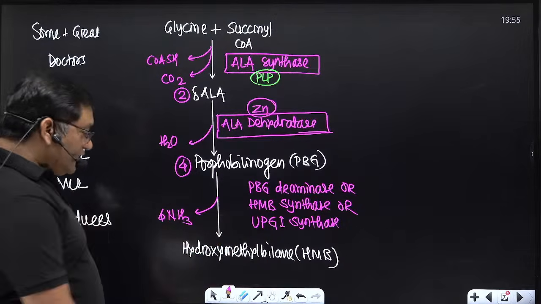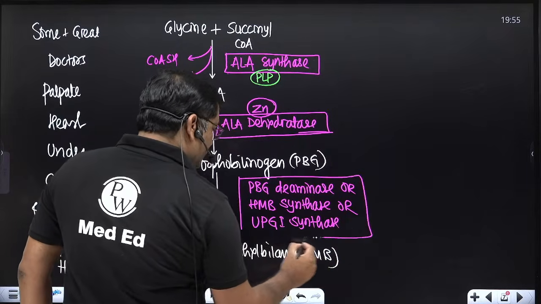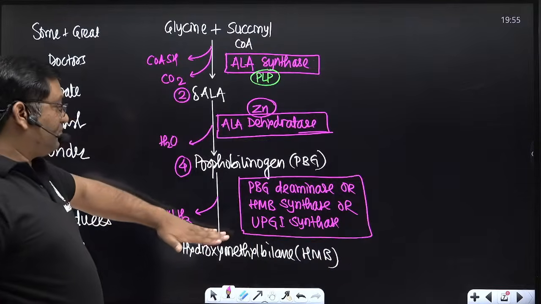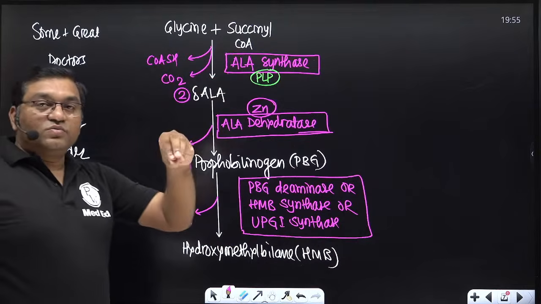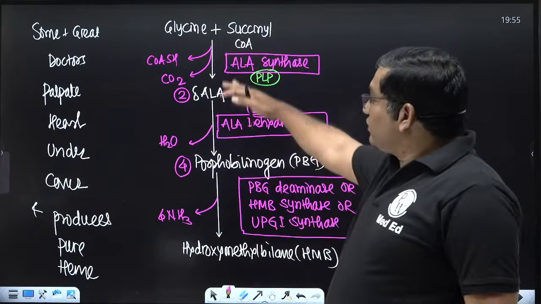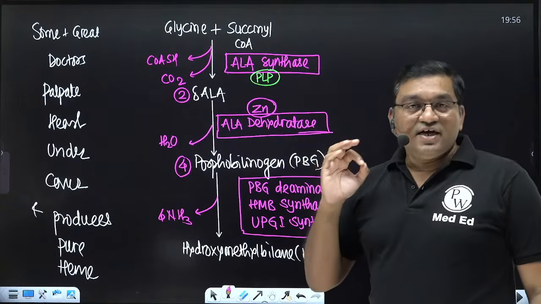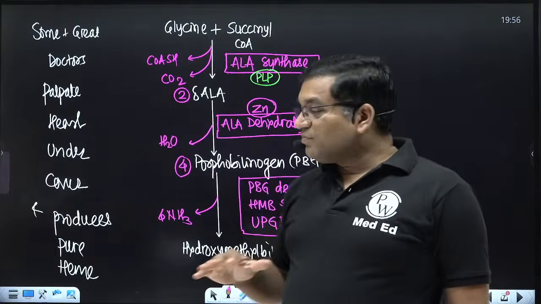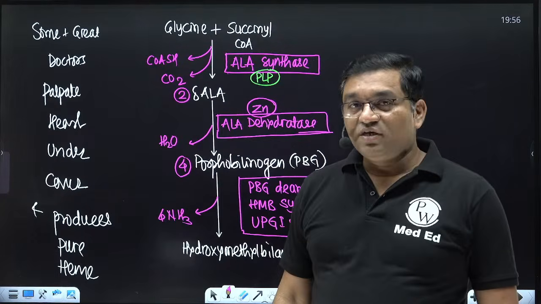Now see, if there is a block above this step, there will be only abdominal pain and neurological manifestations. In all these conditions, abdominal pain and neurological manifestations will be there if there is a block above the synthesis of hydroxymethylbilane.